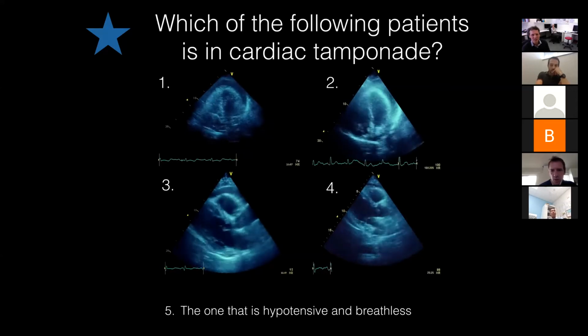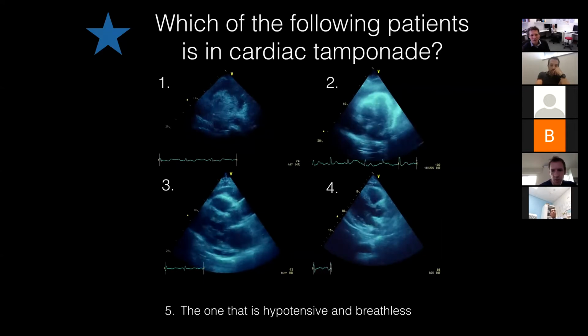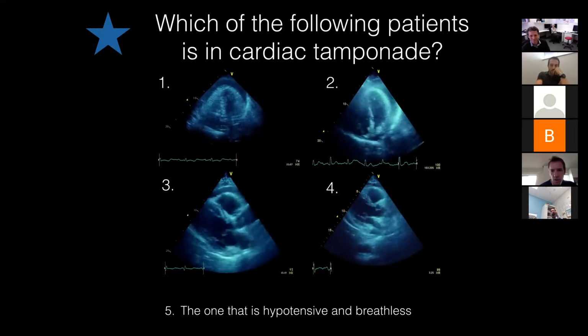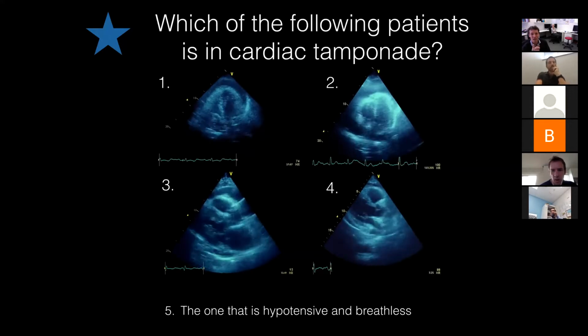In picture 2, there's obviously right atrial collapse, which is rather unspecific, and it would depend on the duration during the cardiac cycle. Whether it's meaningful. There's also maybe left atrial collapse in there.